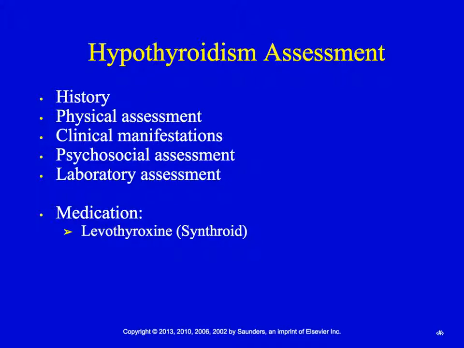There is a chart on page 1403, chart 66-7, about emergency care with a patient in myxedema coma. And of course, this would all be related to, after you call the provider, they would order possibly some of this, and this would be the fluids.